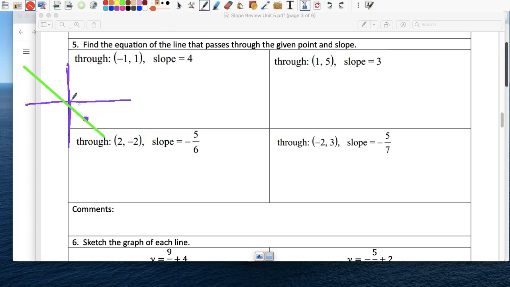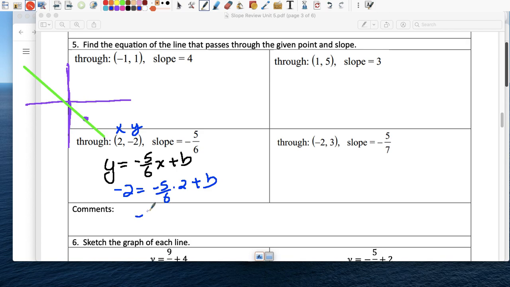Now, given that information, can you find us the y-intercept, which is this guy right here, and the equation of the line? Currently I have y equals negative 5 over 6 x plus b. We're going to use this point, 2 and negative 2. So substitute. Negative 2 equals negative 5 over 3 plus b.